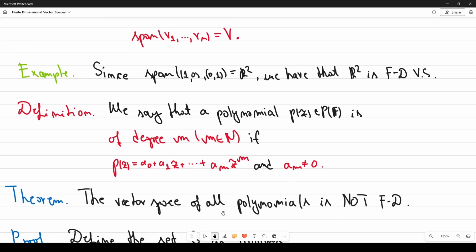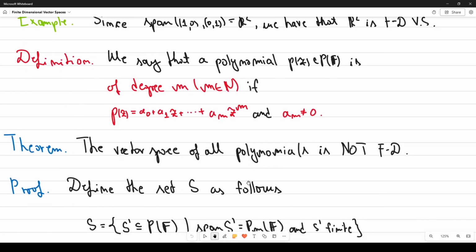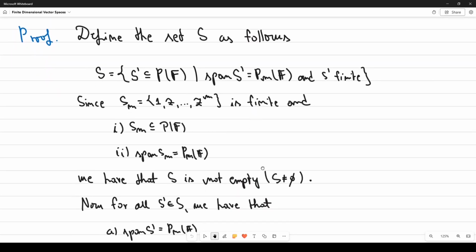So now let us show that the vector space of all polynomials is not finite dimensional. To show that, let's proceed in the following manner. Let us define the following set S as follows. S will be the set of all subsets of polynomials, that is, a set that contains other collections of polynomials such that the span of that collection of polynomials has to be equal to the vector space of all polynomials of degree m. So this is the set of all polynomials.